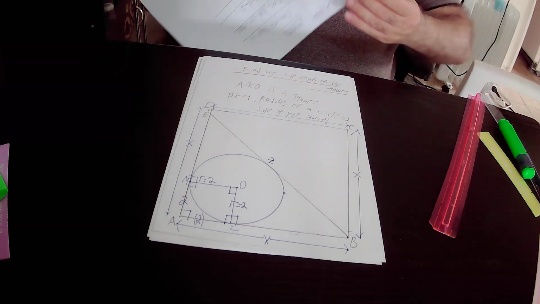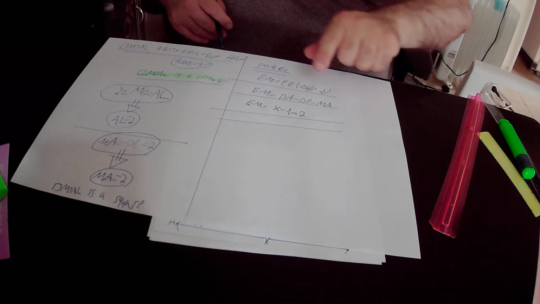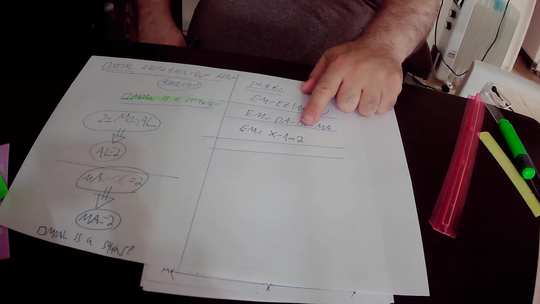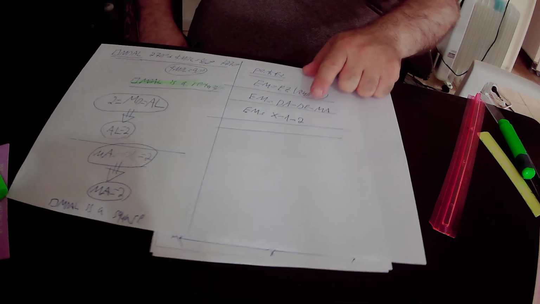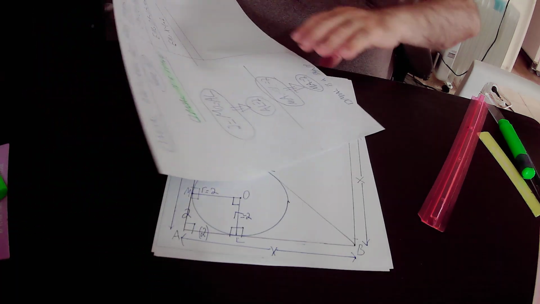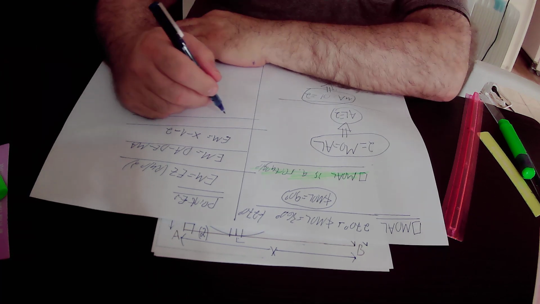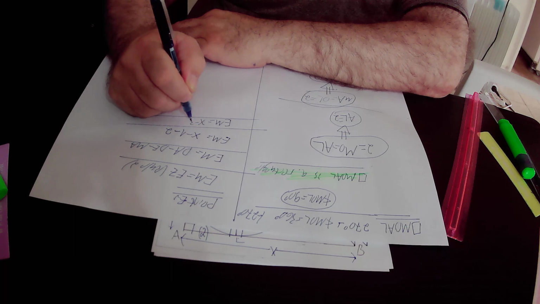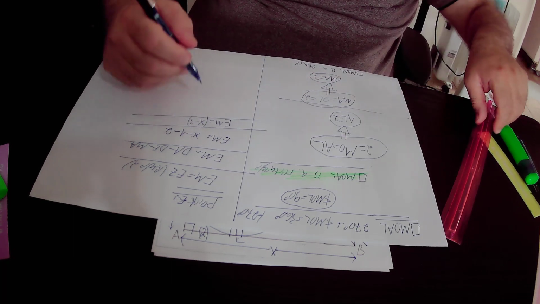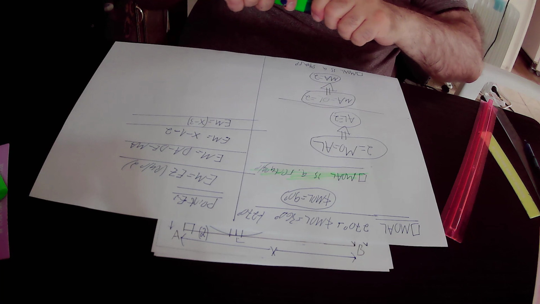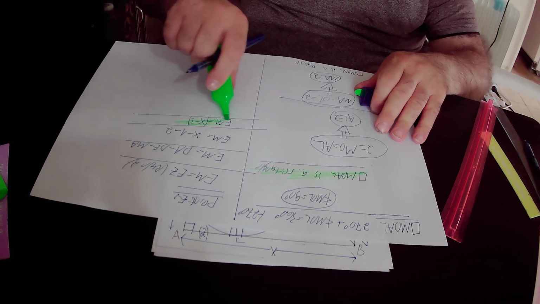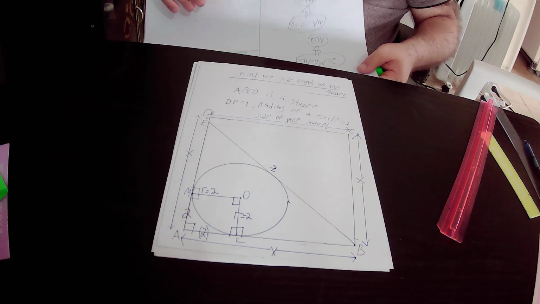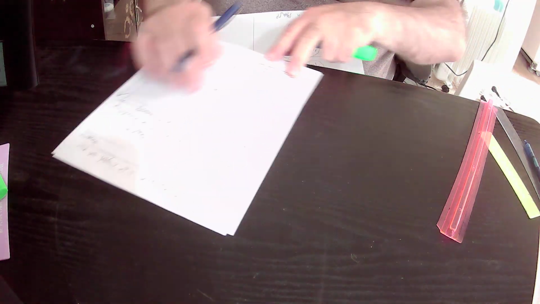So in conclusion, we found out that EM equals X minus 1 minus 2. X minus 1 minus 2 is X minus 3. So we write down that EM equals X minus 3 units.